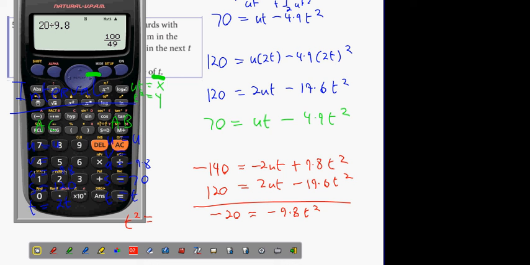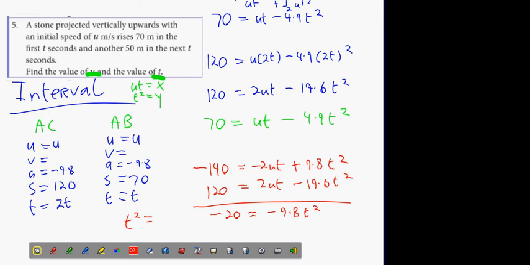That's going to get you what t squared is, 100 over 49. They're good numbers. It's going to be 10 over 7 when I square root that. Makes me believe I'm right. 10 over 7. Time taken is 10 over 7.